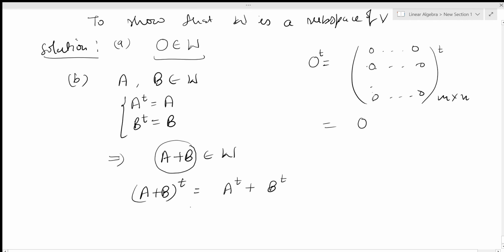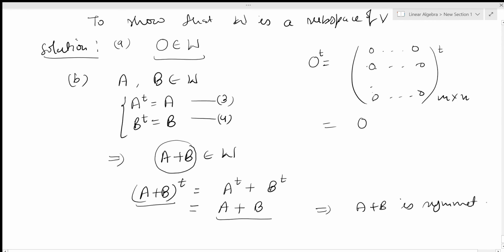And from 3 and 4, A transpose is the same as A and B transpose is the same as B. So (A plus B) whole transpose is equal to A plus B, which implies A plus B is a symmetric matrix. That means the first condition, vector addition, is satisfied.